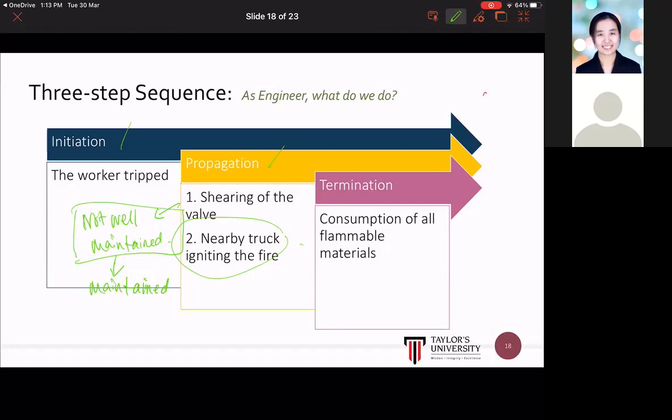But as engineers, we want to look at, okay, in the future, maybe we want to reduce the storage of the chemicals. That is why later in this chapter, we're going to talk about inherent safety. Reduction is one of it, meaning instead of storing 3 gallons, maybe we just store half a gallon.